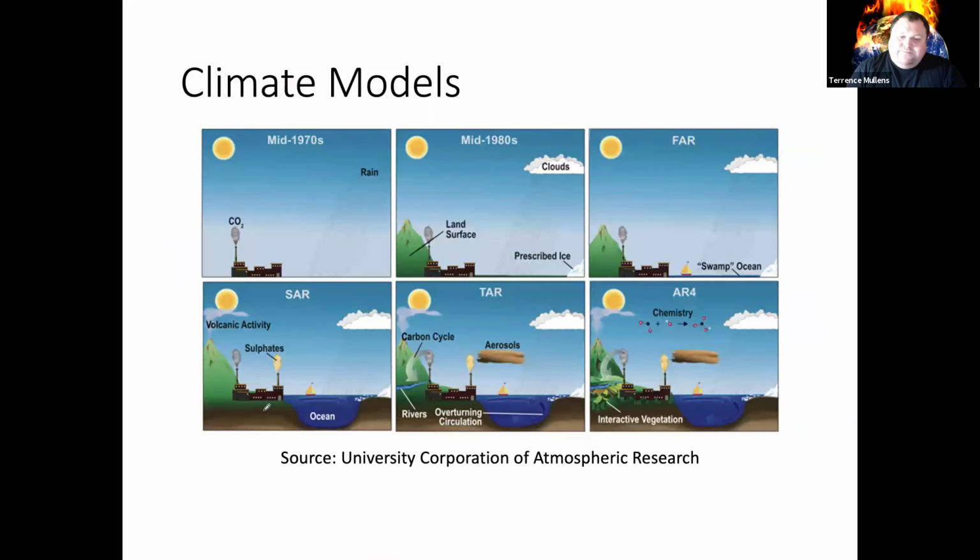That being said, the very early models had very few things they could take into account. Mostly just carbon dioxide, rainfall, incoming sunlight, and that was about it.